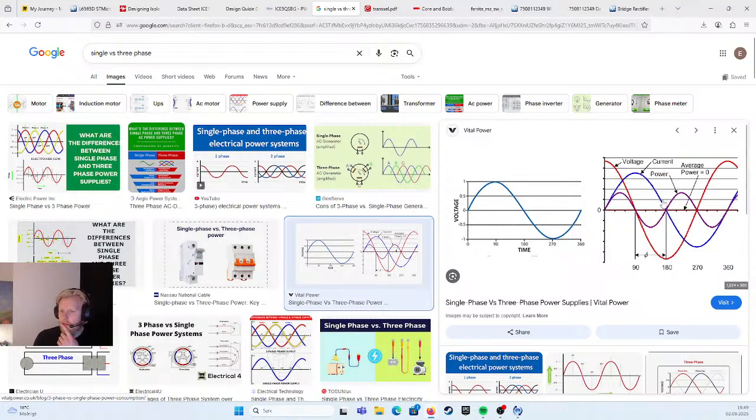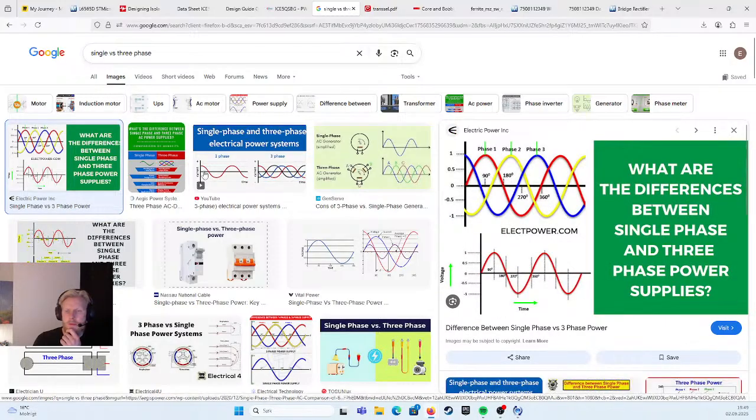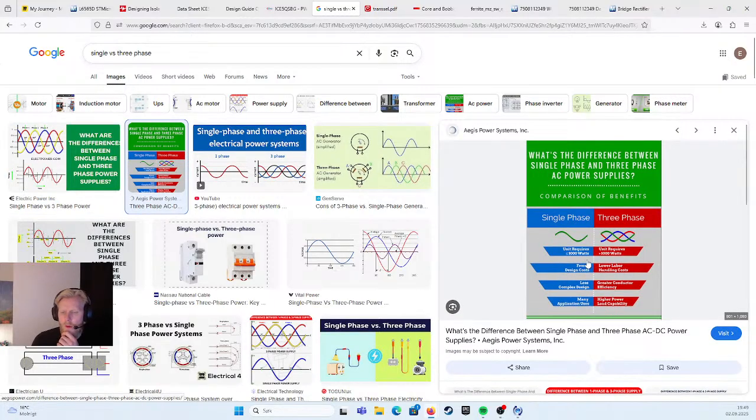Voltage, current, power. Fewer design costs, less complex design, many application uses, higher power.